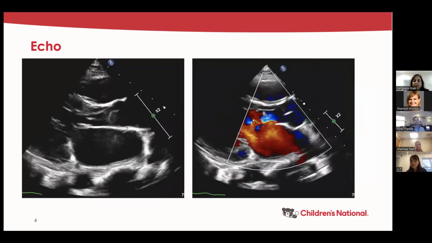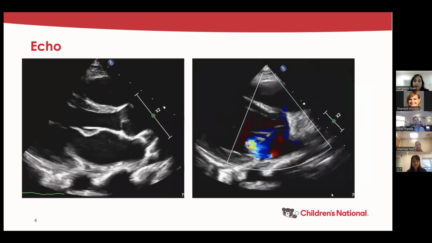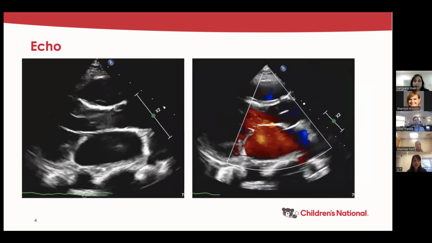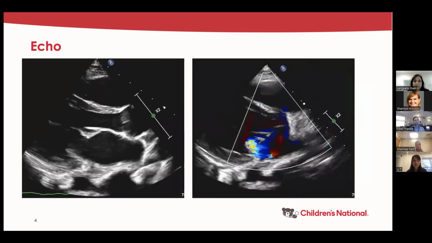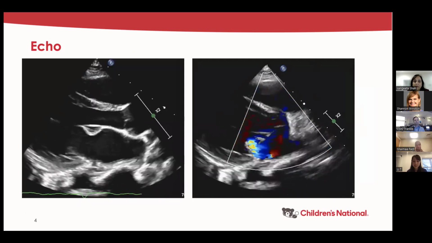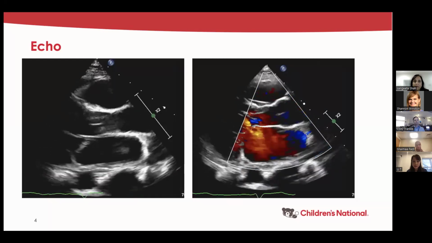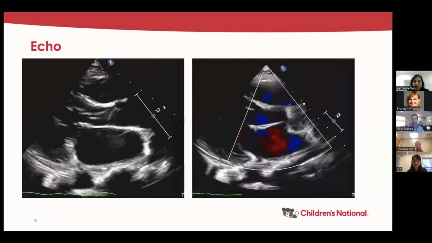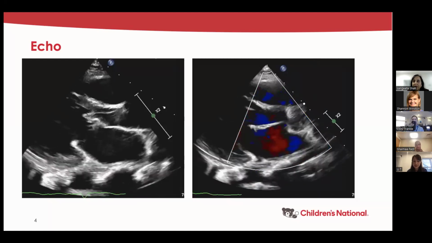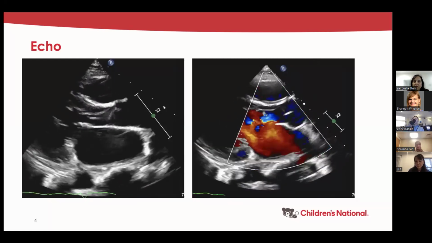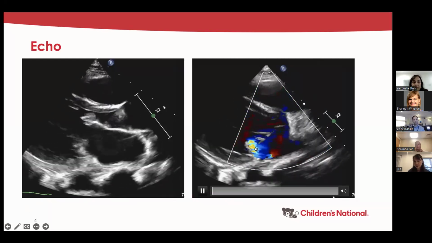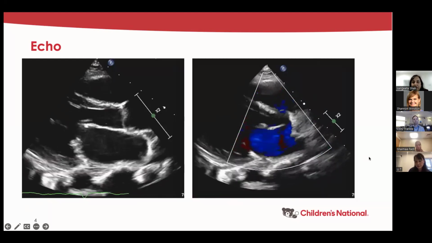This is unusual because the left ventricle is classically described as septophobic, meaning that the AV valve does not like to connect to the septum. When you have an AV septal defect, this is one of the few times that you will see some sort of connection between the AV valve and the septum. When you put color on, you realize very quickly that there is regurgitation through that left AV valve.